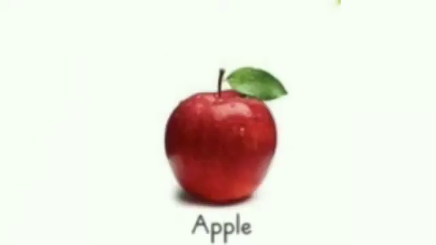Now let's do quick revision of alphabet A to alphabet K. Capital A, small a. A for apple. A for arrow.